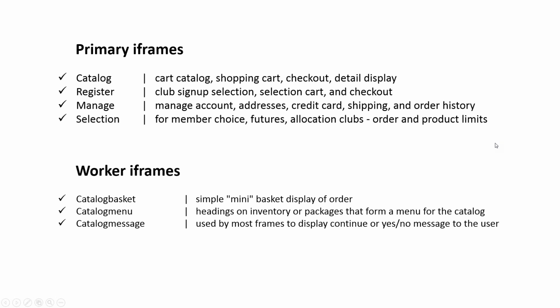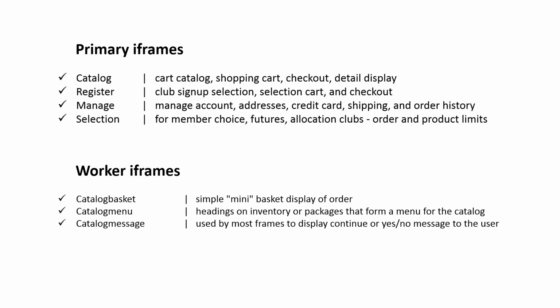Give you a little background about our web tools. They are broken up into primary iframes and worker iframes. The primaries are catalog, register, manage, and selection. Catalog is essentially the shopping cart, register is club sign up, manage is account management.